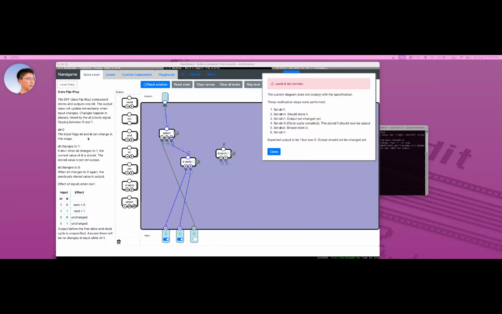So we depend on the clock, right? And we depend on the ST flag.